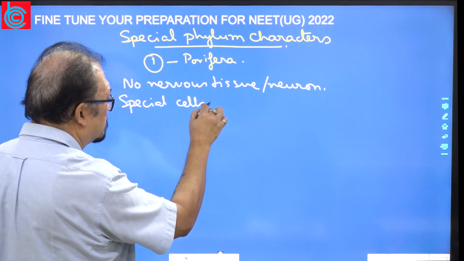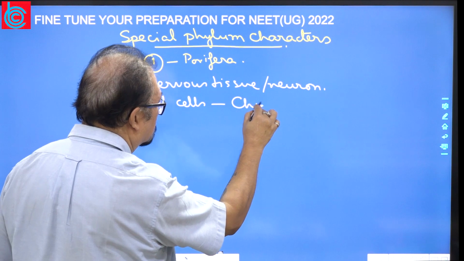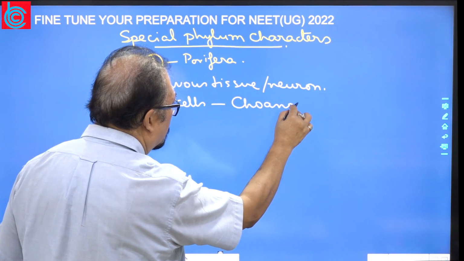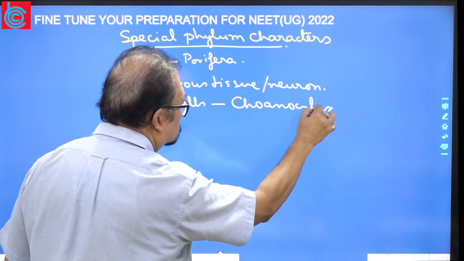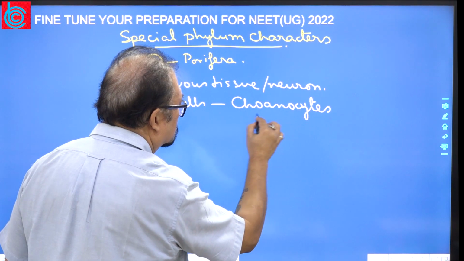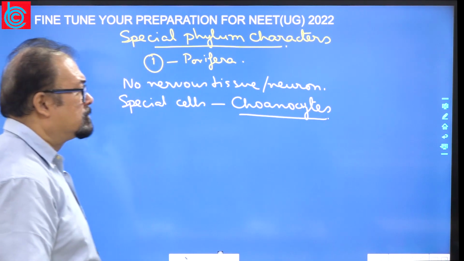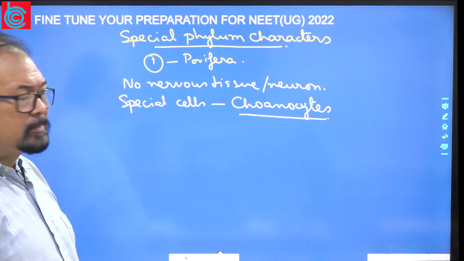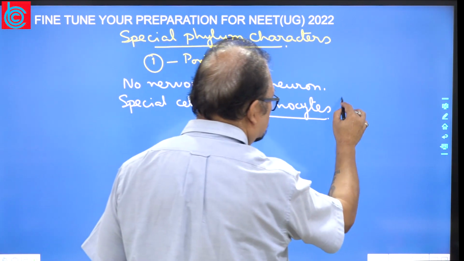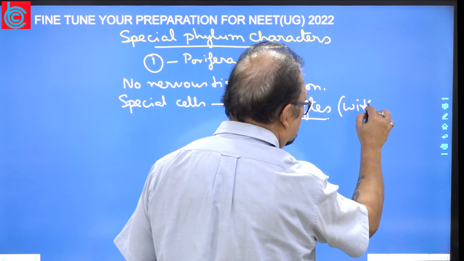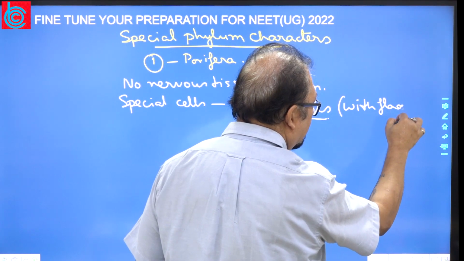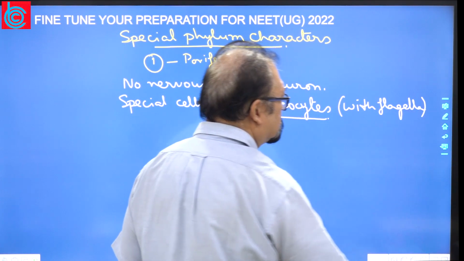Special cells, choanocytes with flagella, they help in water circulation.